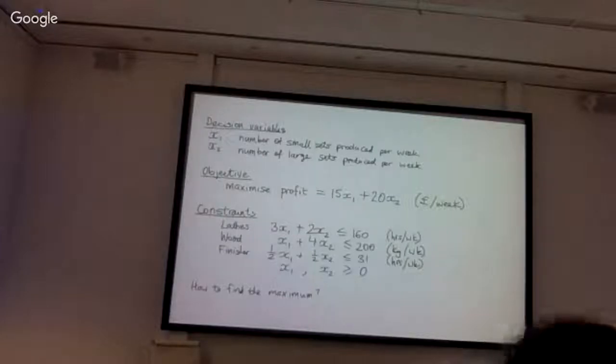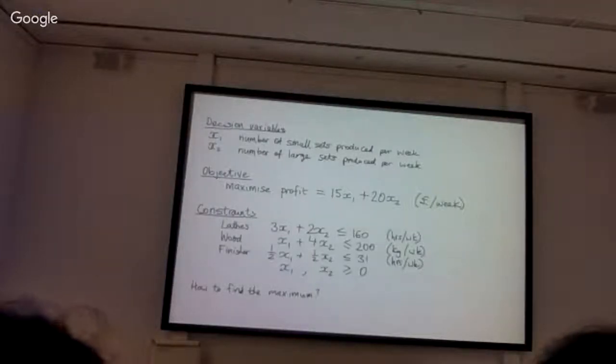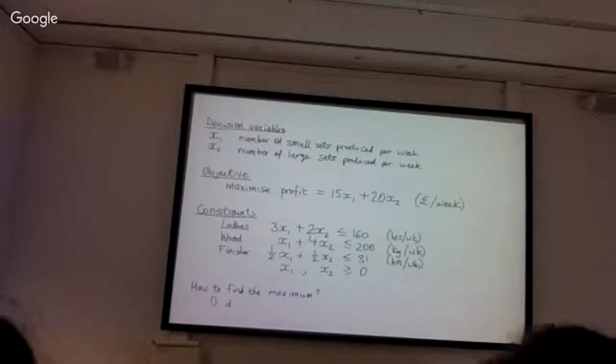We learned 2 methods this year. The first method that finds the maximum is draw a picture. And the second method is called the simplex method.